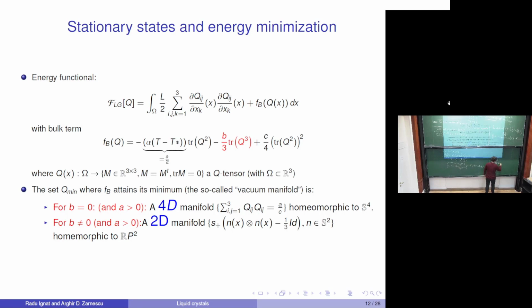This is just the spectral decomposition of a symmetric matrix, so it is real. You have three eigenvectors, E1, E2, and E3, and the corresponding eigenvalues, so you can write it like this. And you also know that the identity is equal to the sum of these matrices.